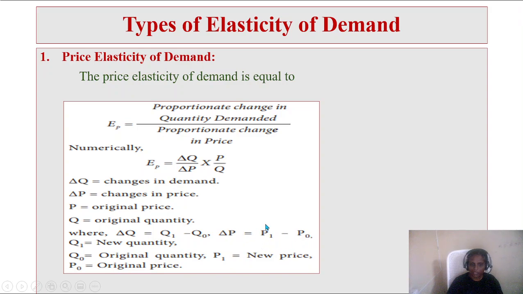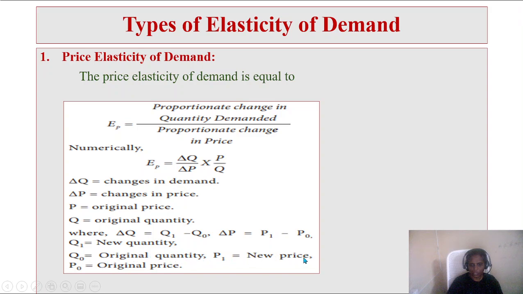P1 is the price level after a rise, and P0 is the stable price of a commodity. Then Q1 is the new quantity, and Q0 is the original quantity.